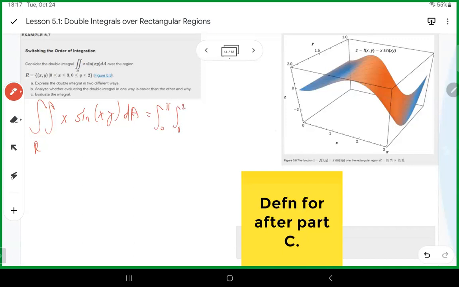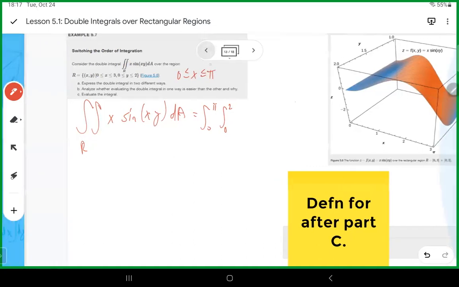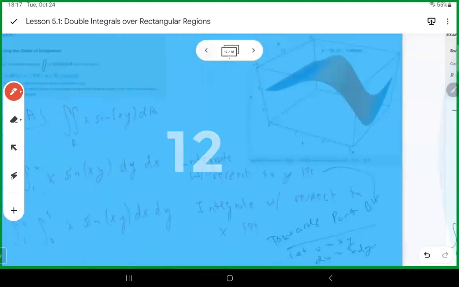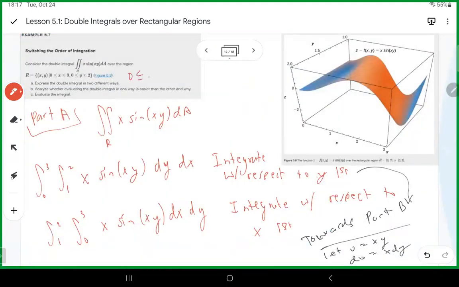Although I will tell you, I believe their region is messed up. In the solution at least, they've been using this. So I think that is how you should be writing it, not that. I'm going to assume that they pulled that region from somewhere else, like from another problem.